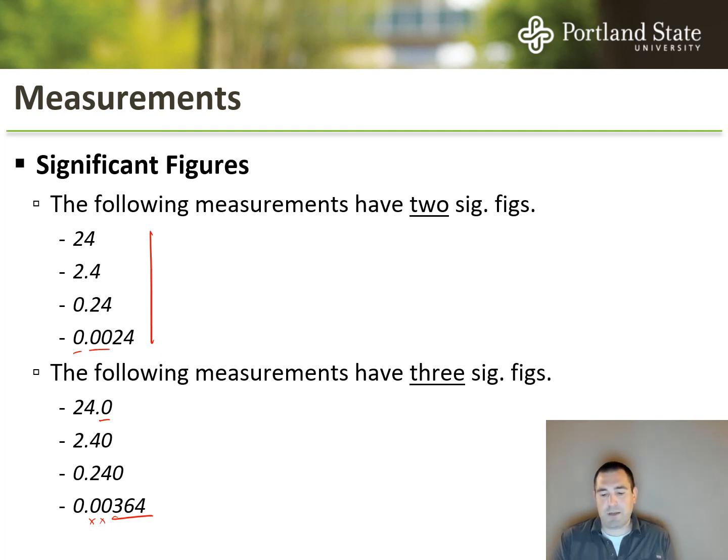Generally speaking, if I know that I'm going to be using a value for a subsequent calculation, I'll usually keep an extra digit past the significant figure to prevent any rounding issues when I'm multiplying or doing something like that down the road.